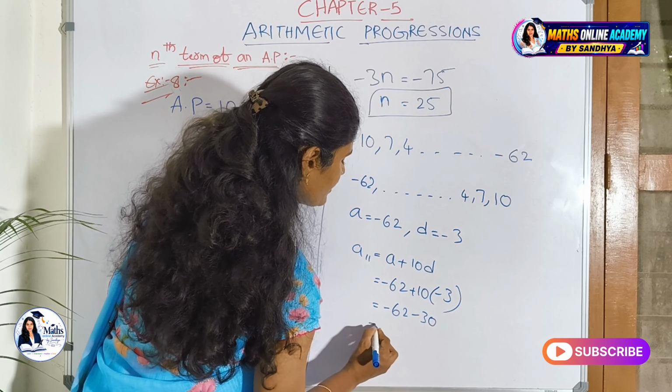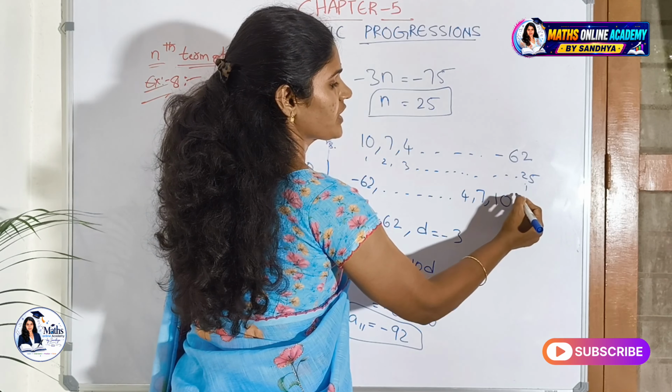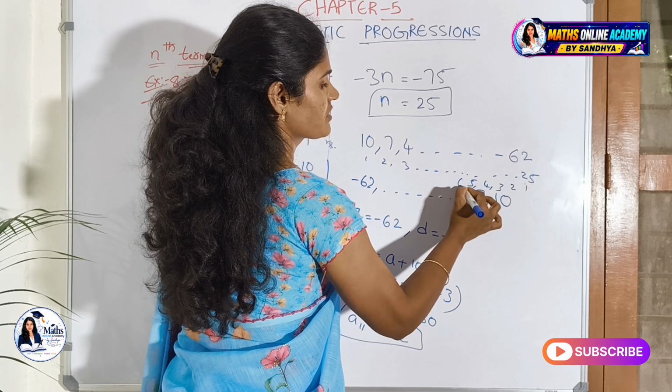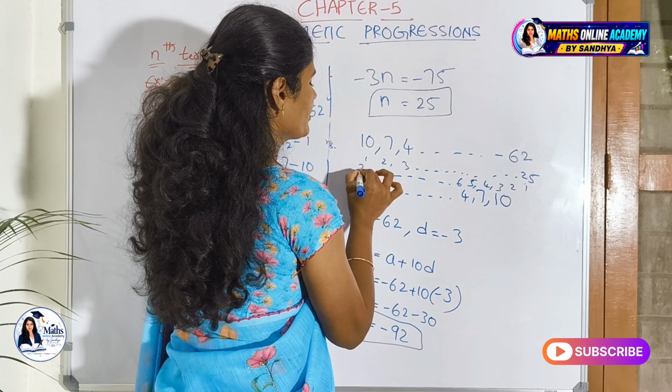This is one method. You can find by another method also. For example, 1, 2, 3, 4 and so on. This is the 25th. In the question they asked from last to first, so this will come 1, 2, 3, 4, 5, 6 and so on. This will come 25.